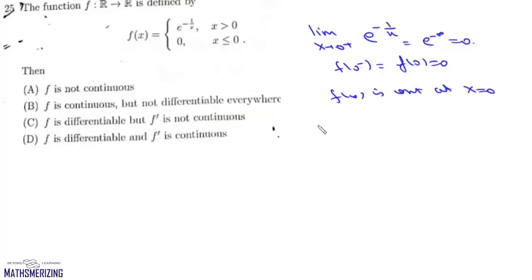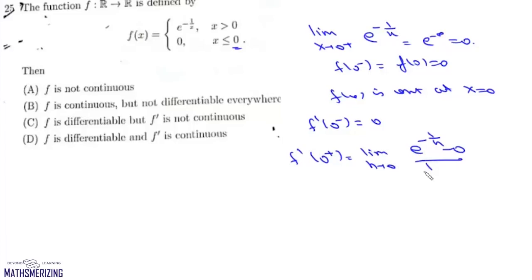Now what about its differentiability? f dash 0 negative will be simply 0. We'll find its right hand derivative. f dash 0 positive will be limit h tends to 0 e to the power minus 1 upon h minus 0 upon h. So we can write this as limit h tends to 0, 1 upon h upon e to the power 1 upon h.